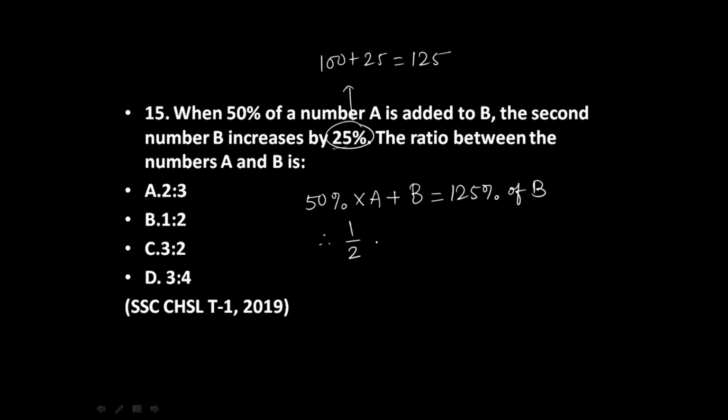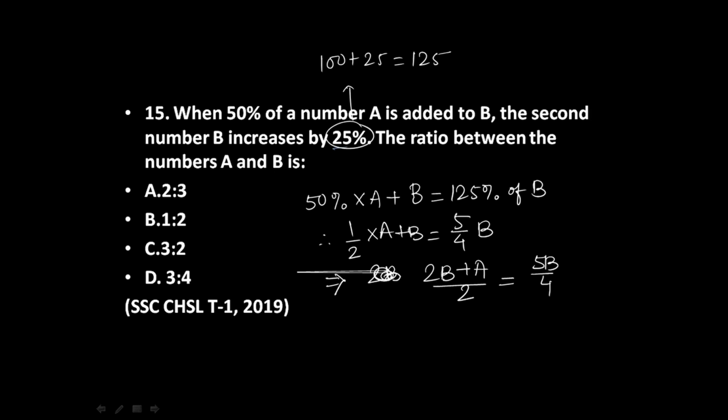So what do we know? 50% means 1 by 2 into A plus B is equal to 125%, which means 125 by 100. 25 fours are 100 and 5 25s are 125, so it's 5 by 4 of B. So 2B plus A by 2 is equal to 5B by 4.